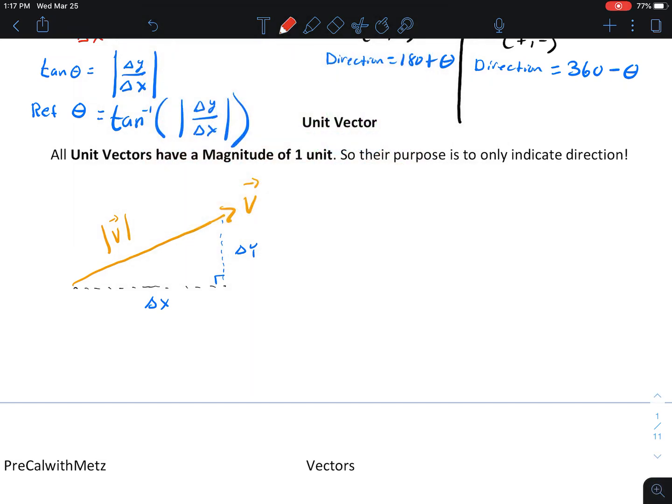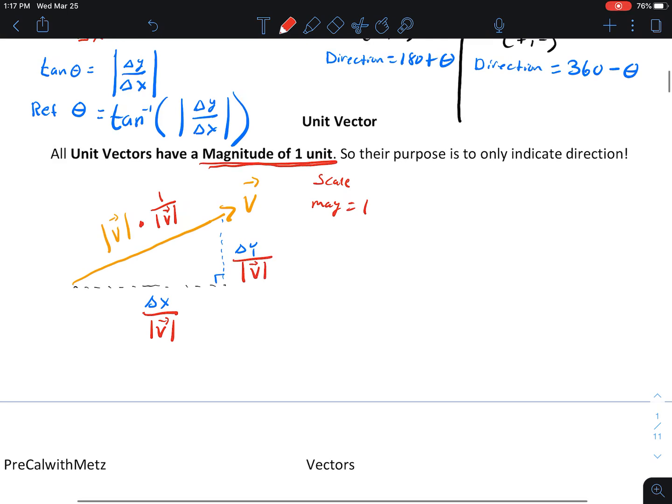Now, because all of these unit vectors have a magnitude of 1 unit, I have to scale this vector so that the magnitude is equal to 1, which means I'm going to multiply all of the sides of this triangle by 1 over the magnitude, or basically just divide by that.